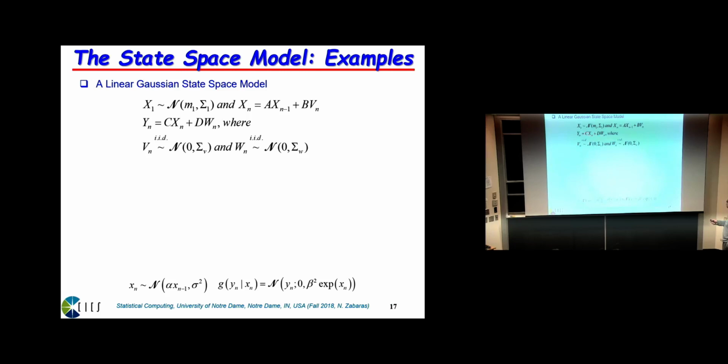These matrices that I have here are constant, and the noise is also Gaussian. I can tell you that there is an analytical solution to this problem. If I give you the observations y and tell you to go and compute the posterior of x, or any other quantity regarding x, there is an analytical solution to this problem, and it goes under what name?